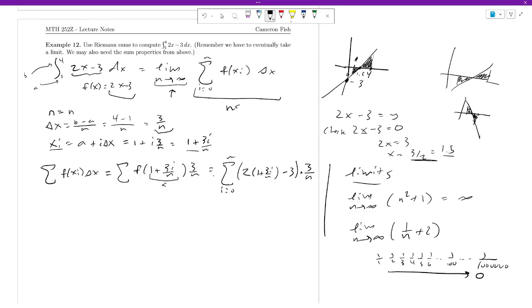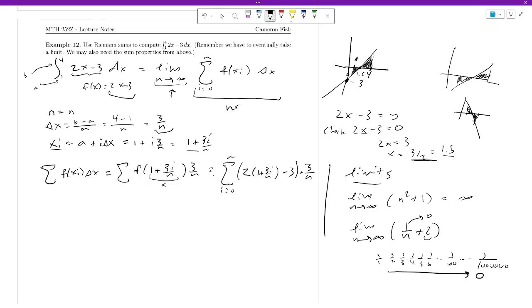There's a technical definition of approaching, which is basically that I can get as close to 0 as I want as long as I make n larger and larger. But basically, it's trending towards 0. So I get to say that this part is going to 0.